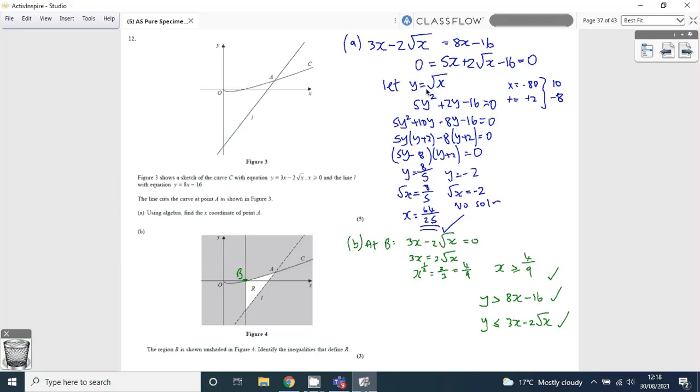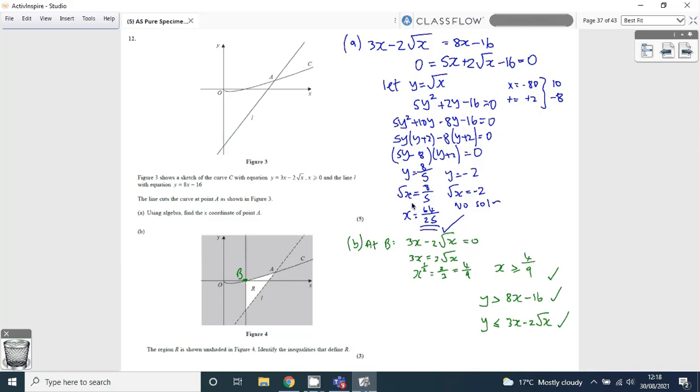I think it's easiest then just to replace root x with y. So x is y squared. So solve 5y squared plus 2y minus 16 equals 0. Factorising that, I get 5y minus 8, y plus 2 equals 0. So my 2 solutions for y are 8 over 5 and minus 2.